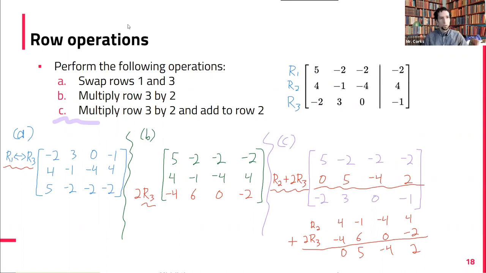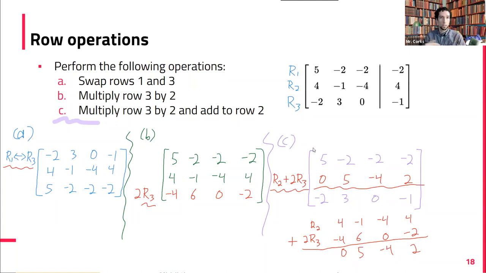Okay, so those are the operations. Swapping rows, pretty straightforward. Multiplying a row by a constant, pretty straightforward. But we can multiply and then add to another row, and the row we're adding to or subtracting from, that's the one that's changing.